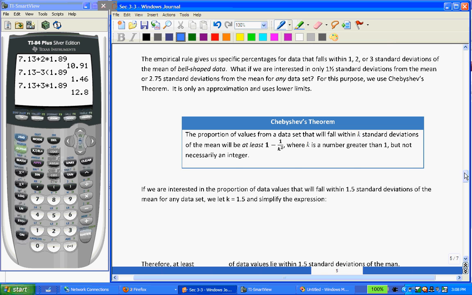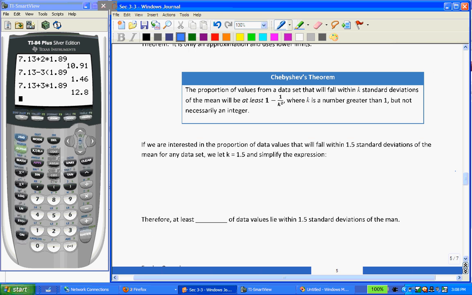Here's Chebyshev's theorem. It says the proportion of values from a data set that fall within k standard deviations of the mean will be at least 1 minus 1 over k squared, where k is a number greater than 1, but not necessarily an integer.